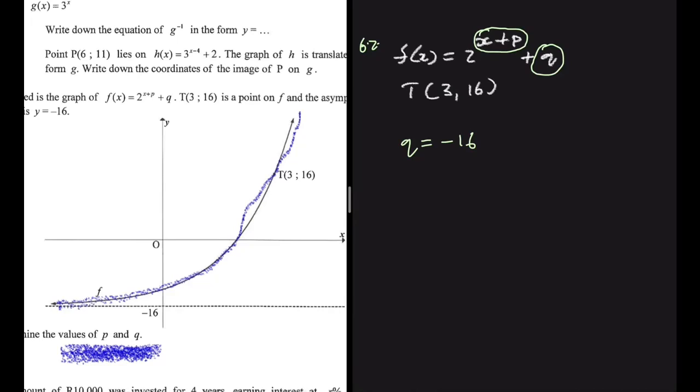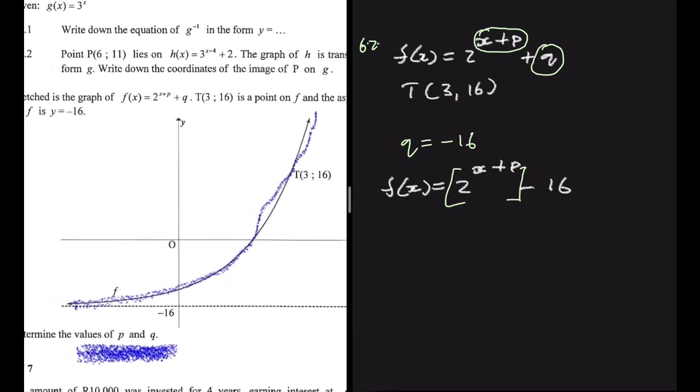That's as low as it can go. So now we know fully well that f of x is equal to 2 to the x plus p minus 16. For whatever value you substitute here, f of x will never be less than minus 16. That is why we're saying that q is equal to minus 16, right?